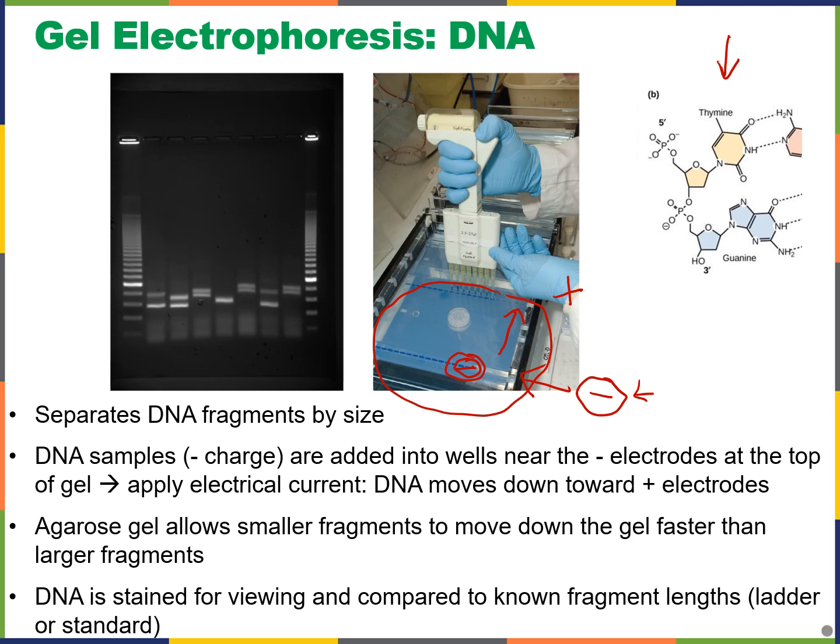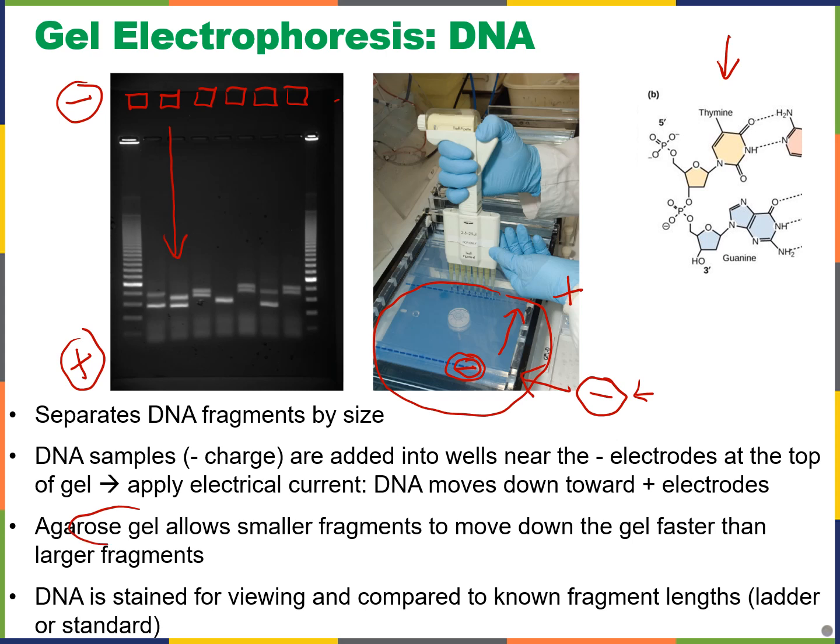This one's a weird upside down picture. Let's say this is the negative electrode and this is the positive electrode. Up here is where the wells would be, where you load your DNA sample. As you apply the current, the DNA will travel down the gel toward the positive electrode.